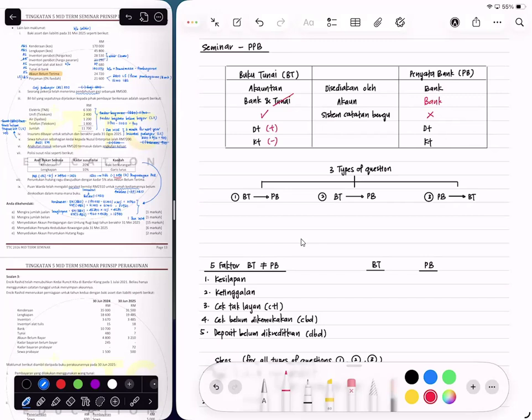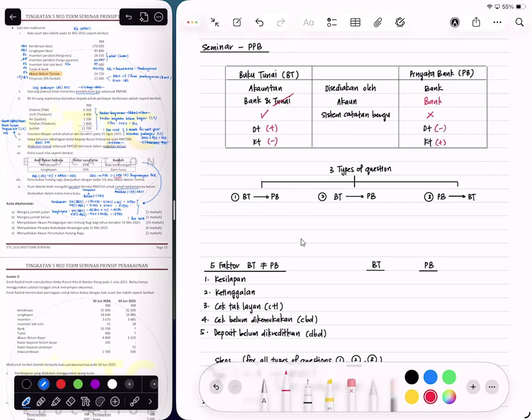That means if it is buku tunai debit add, but penyata bank debit is to minus. If buku tunai credit to minus, penyata bank credit might be add. Make clear this first before you want to do this kind of question. If in the question you get confused which one to add, which one to minus, then you better try another question already. Because if you get this concept wrong, then the whole thing is totally wrong.